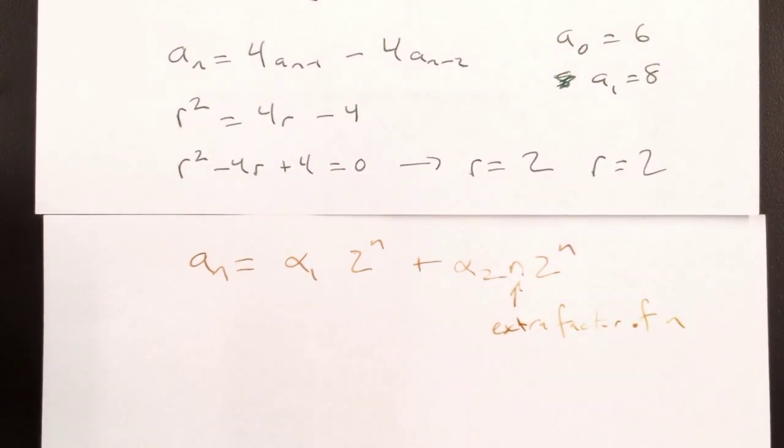And by doing that, I create two different pieces out of the same value. I have 2 to the n, and I have n times 2 to the n. And these two pieces are independent of one another. Whenever I have a repeated root, I will do this.